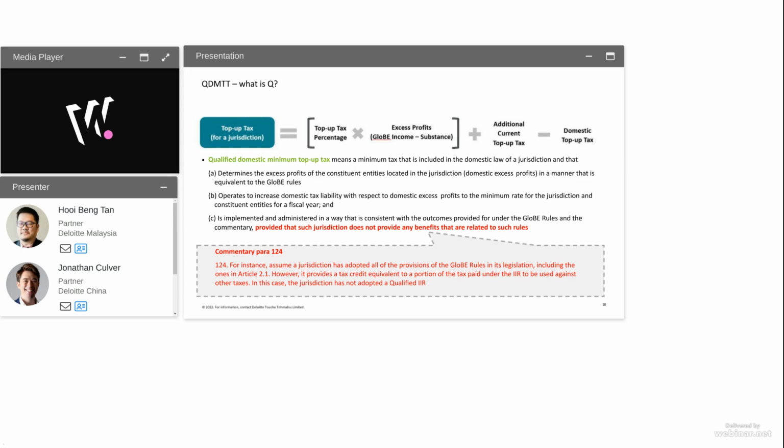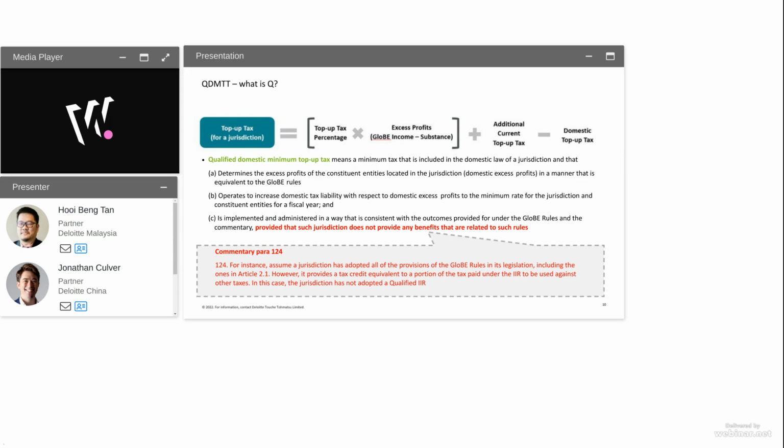So much so that we now of course have this definition of qualifying domestic minimum top-up tax. Because frankly, so many jurisdictions, both low tax jurisdictions, but even high tax jurisdictions, or traditionally high tax jurisdictions, effectively wish to protect their taxing rights under GLOBE by introducing this kind of minimum top-up tax.